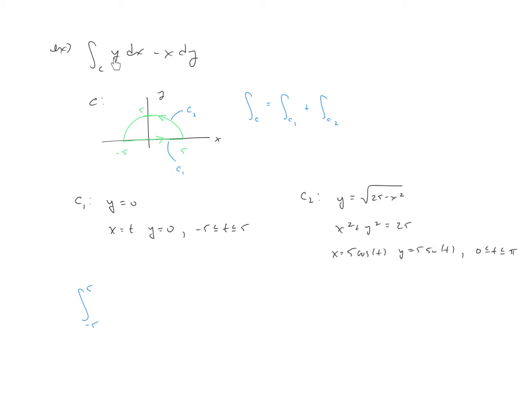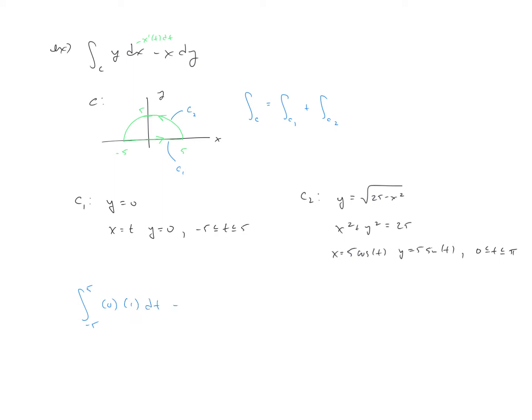For y, that's going to be this guy, so I've got a 0. And then for the dx, that's going to be the x prime t dt. So the derivative of x with respect to t is going to be 1. So I'll put a 1 there, followed by the dt.